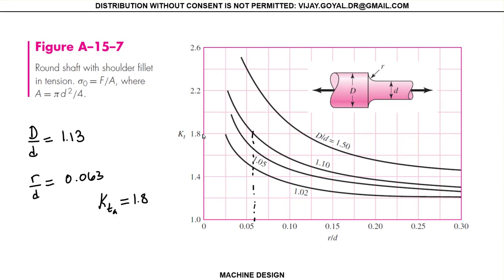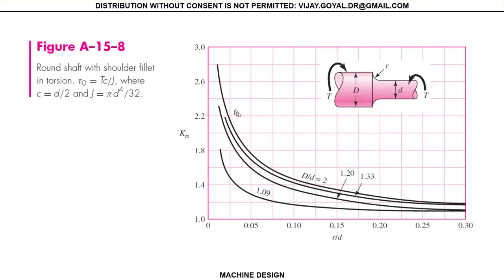It's close enough, okay? And then I need to have it for torsion. Remember what I'm using for torsion. So in this problem, regardless of what you're doing, you need to always find these factors, regardless if it's ductile material or brittle material. Okay, and again, I am somewhere here, and 1.15.